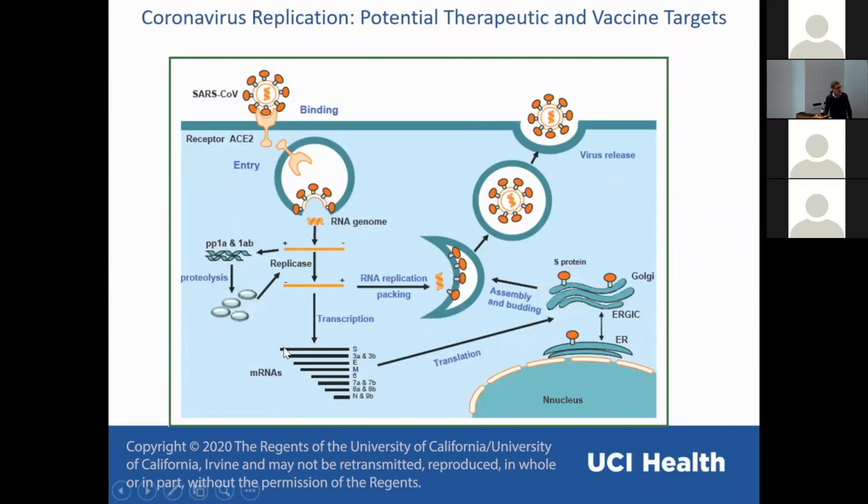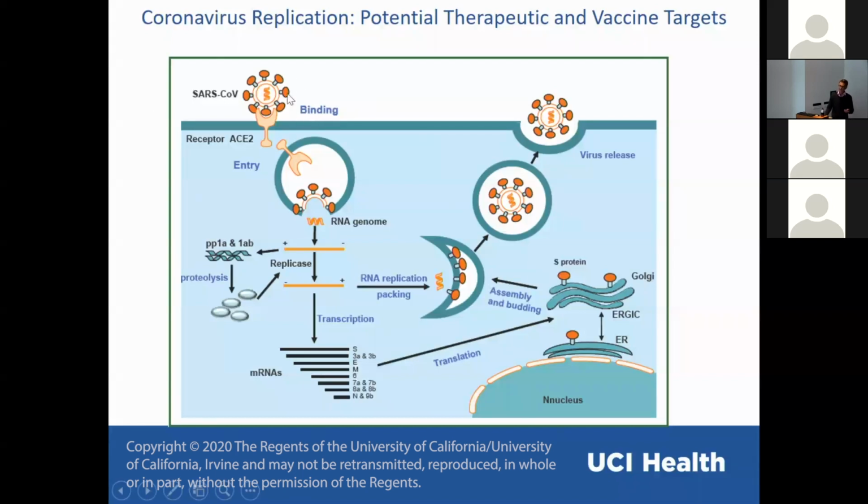The next step in viral replication is transcription of the viral genome. So this RNA has to make copies of itself in order to eventually be packaged in the virus. And this is, again, a very complicated process in this virus. But the most important point is to realize that one of the enzymes that's required for transcription of the RNA is the RNA-dependent RNA polymerase of the virus.